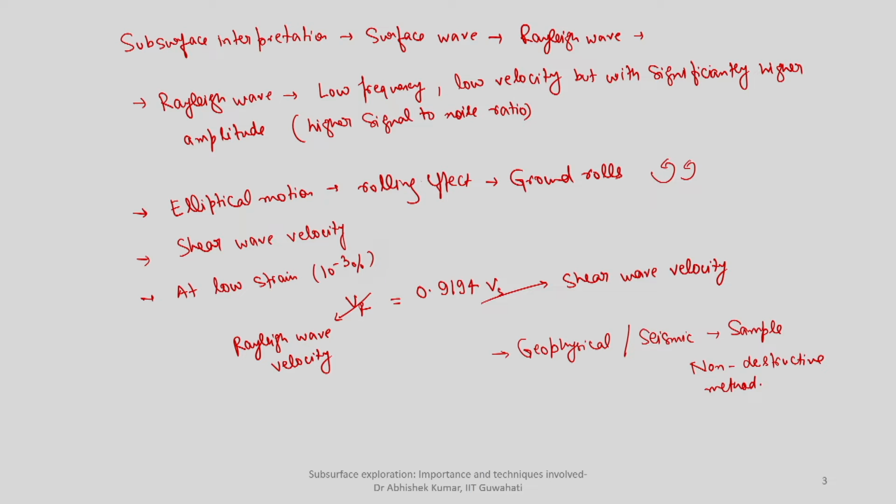Now, another thing: this value of Rayleigh wave velocity is a function of Poisson's ratio of the medium. So, if I classify here, Vp, Vr over Vs, and this axis is Poisson's ratio.